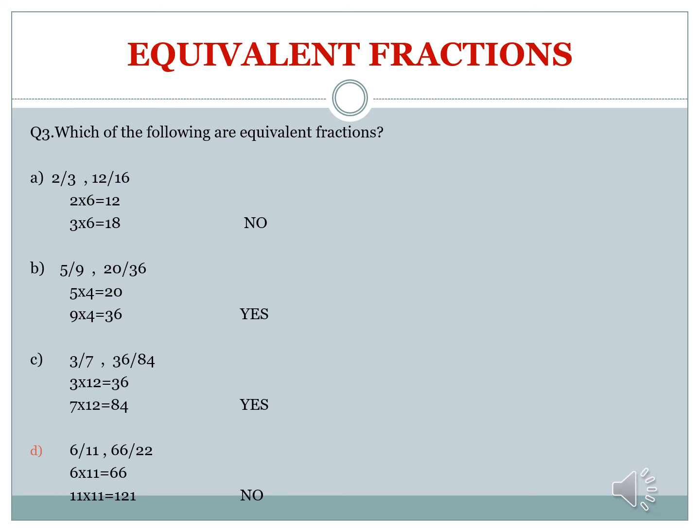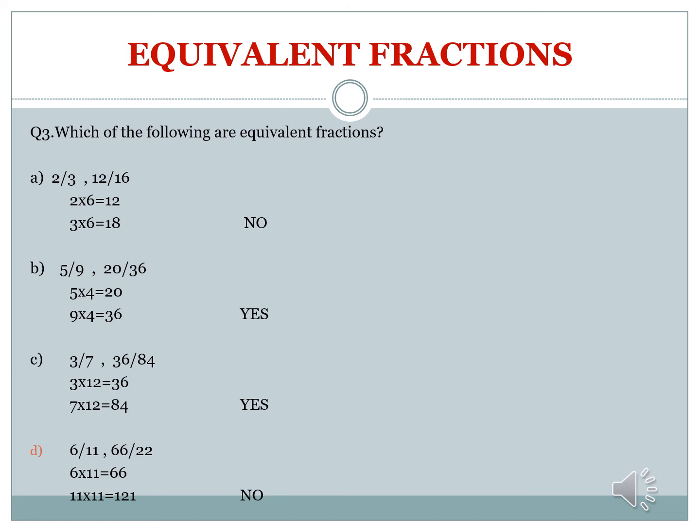So 2 6s are 12, and let us now concentrate on the denominators. 3 and 16, 16 is not a multiple of 3. So when we have multiplied 6 with the numerator, we need to multiply 6 with the denominator as well. So 3 6s are 18, right? But the denominator given here is 16. So the fractions given are not equivalent fractions, right?